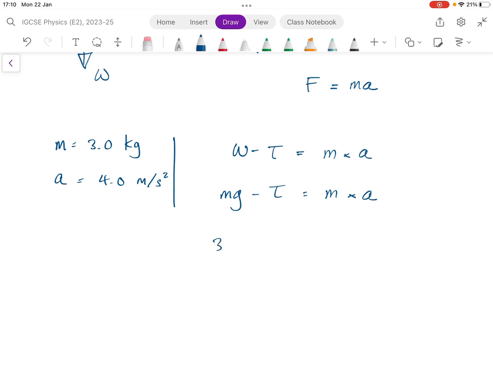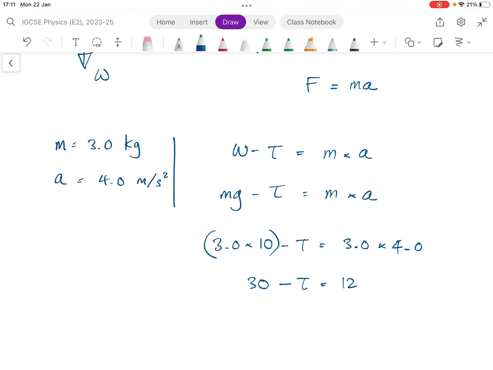We have 3 kg times 10 minus the tension is equal to 3 kg times the acceleration of 4 meters per second squared. Tidy things up, so we have 30 newtons minus the tension, and this is going to equal 12 newtons.